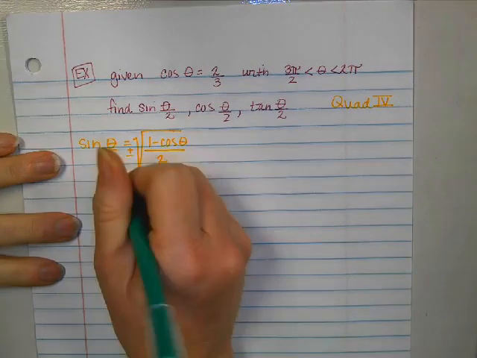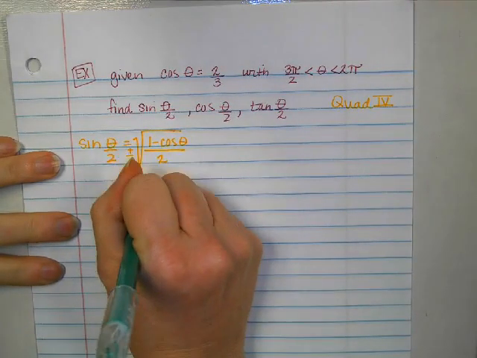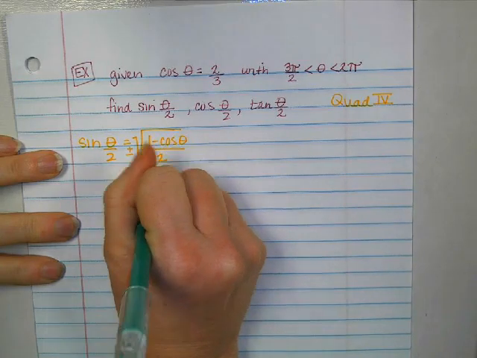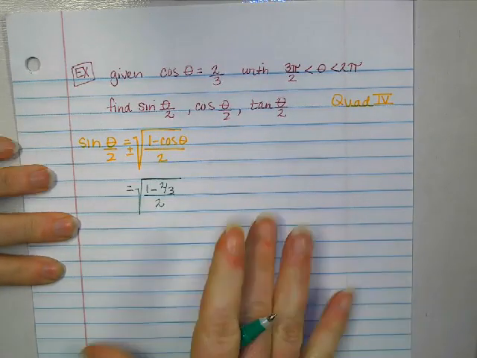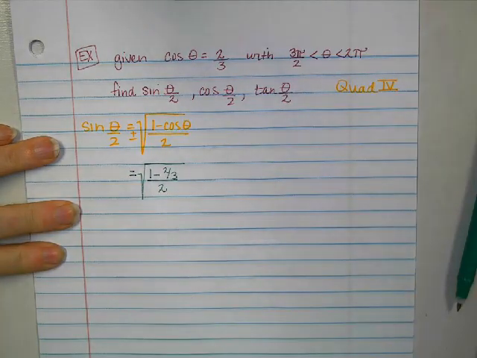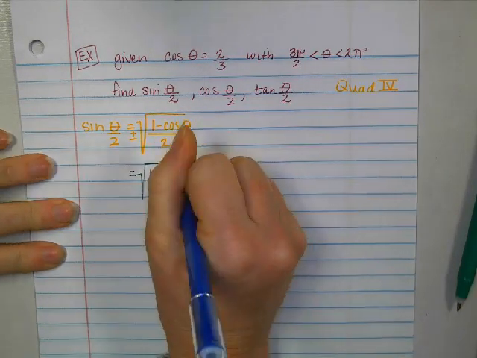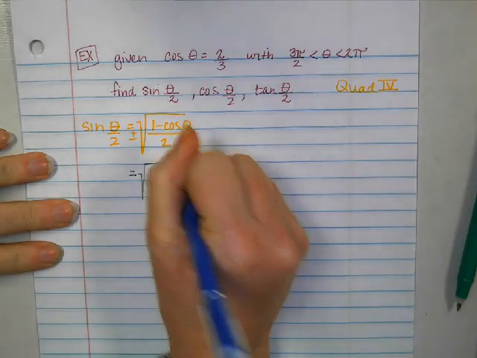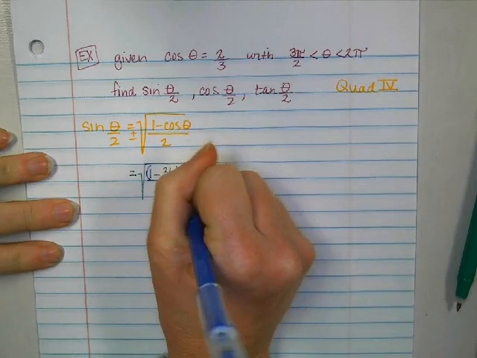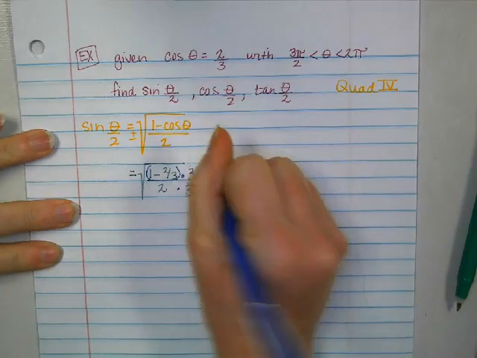So I'm just plugging in 1 minus 2/3, over 2. And you can simplify that whatever way you want. I'm going to distribute a 3 on top to clear the fraction. If you multiply the top by 3, you have to multiply the bottom by 3.